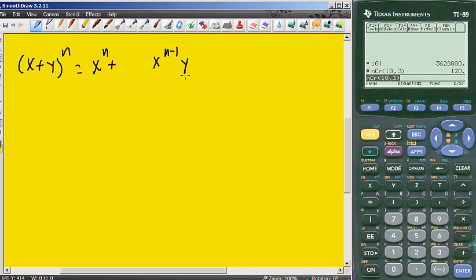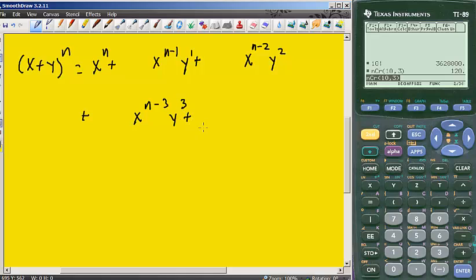And then y comes up by 1. Plus, x goes down by 1 more, therefore it will be n minus 2, and then y will be to the power of 2. Plus, now x will be to the power of n minus 3, and y will be to the power of 3.